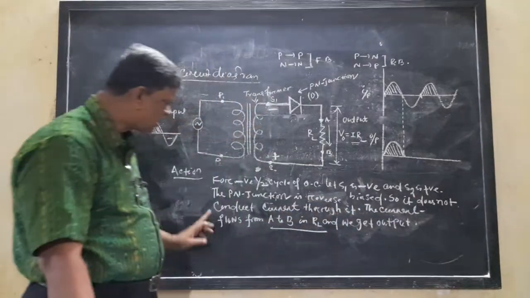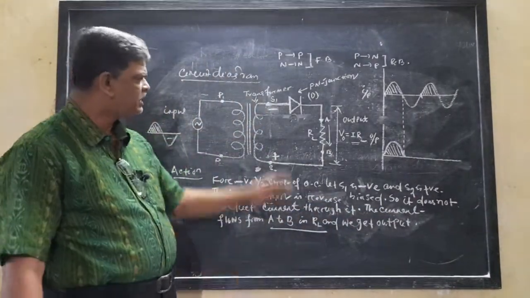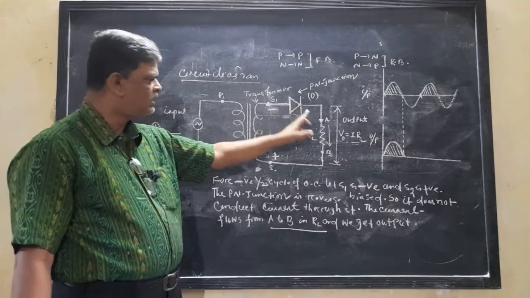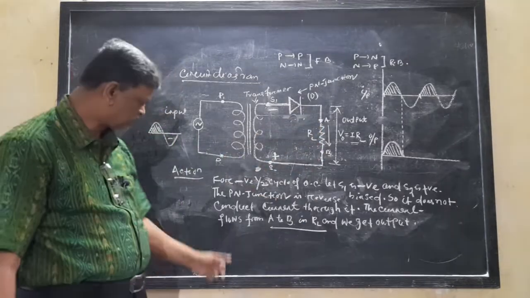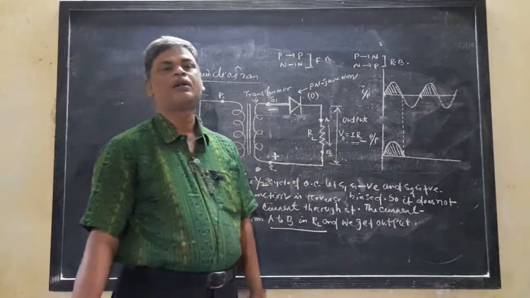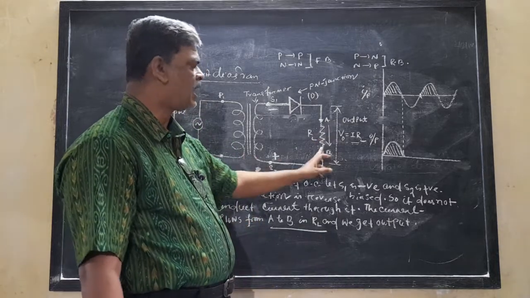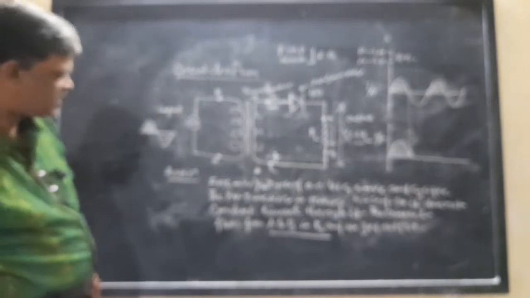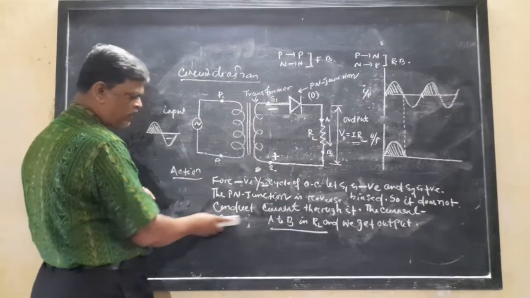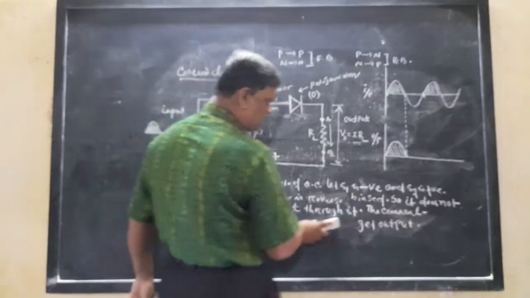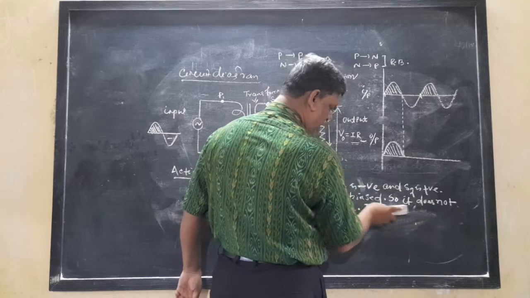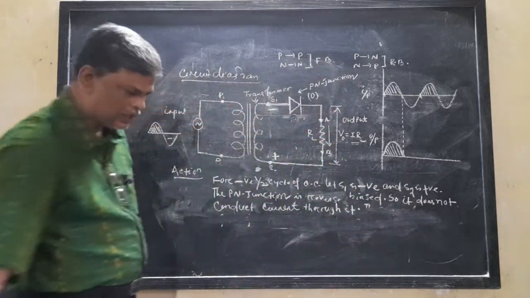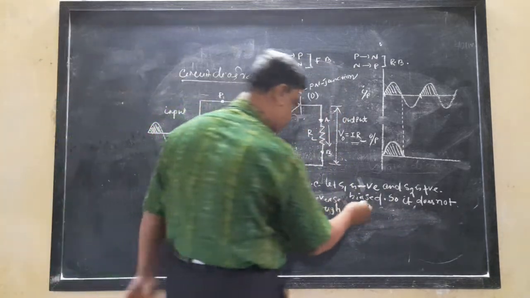So it does not conduct the current through it. अर्थात there is no current in the resistance RL, so there is no current through the load resistance RL, so we do not get any output.